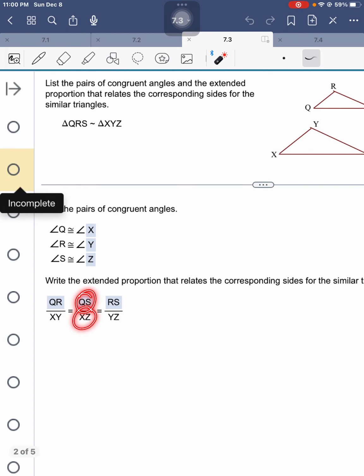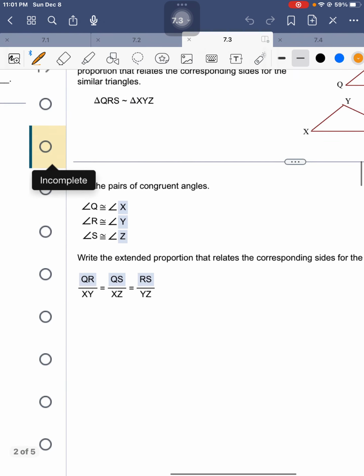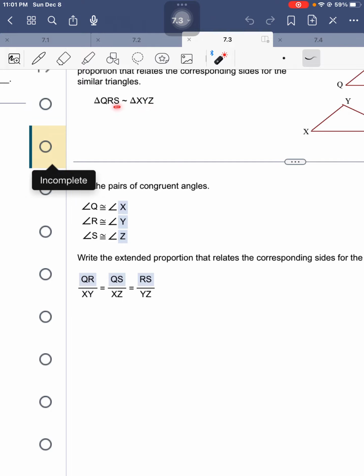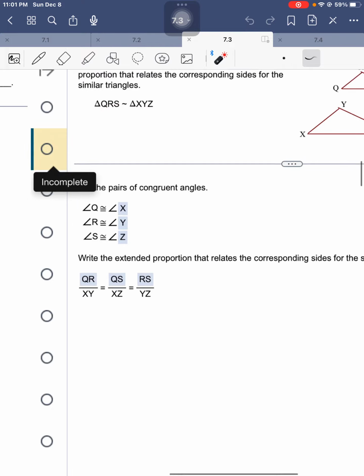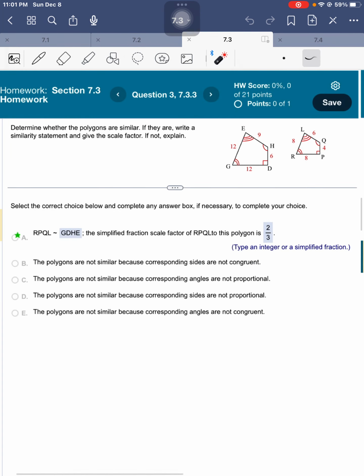Then the next one is SQ to ZX, or QS to XZ. It doesn't matter, right? We already talked about this. In the exam, if you put this as SQ, it won't mark it wrong, okay? So it doesn't matter, however you want to do it, as long as you understand QR to XY, RS to YZ, and SQ to ZX, okay?